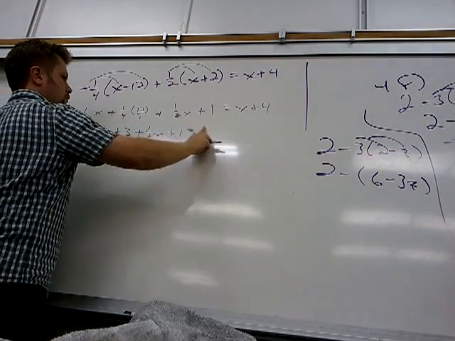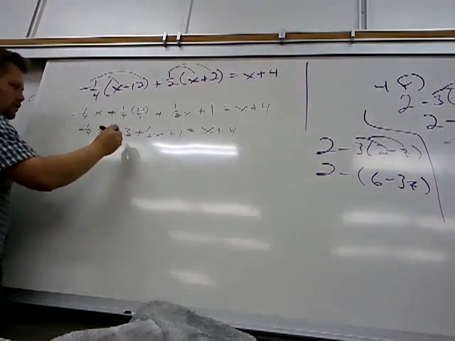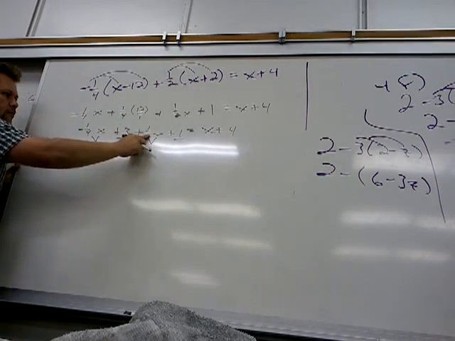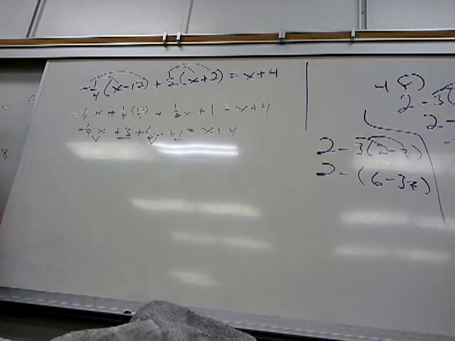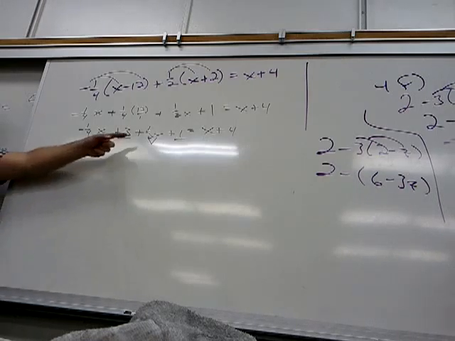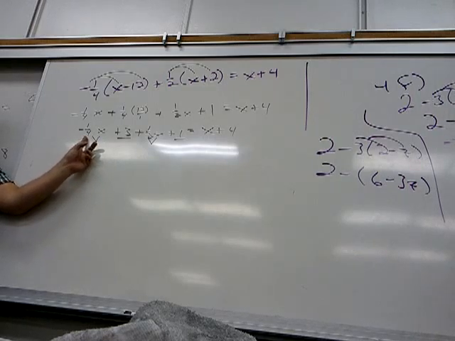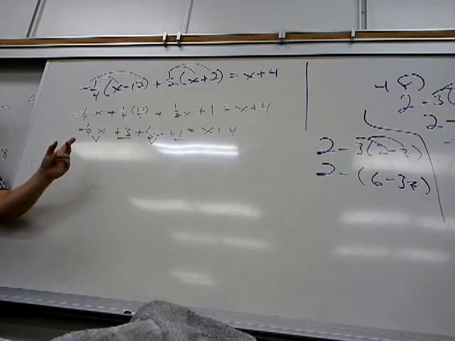So here's like terms there. These are like terms in that they're both x's, but they're not like yet because they don't have the same denominator. That's not too bad, right? 1/2 is also known as 2/4 to make it the same denominator.